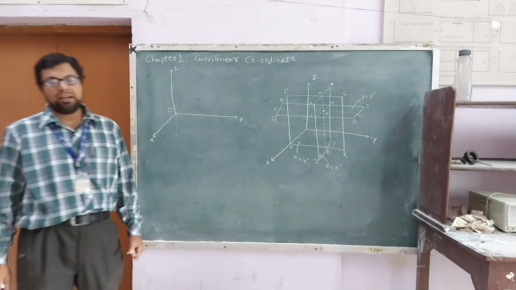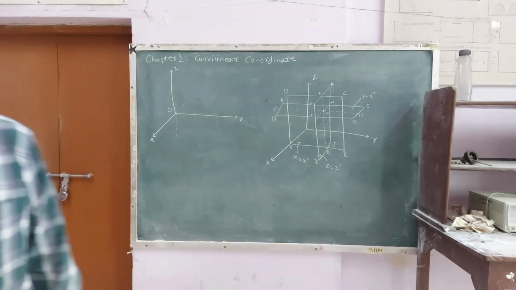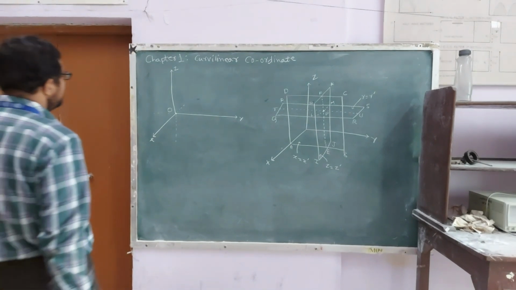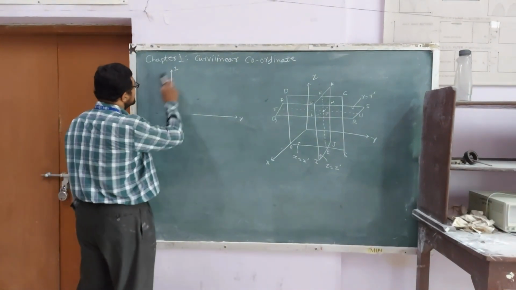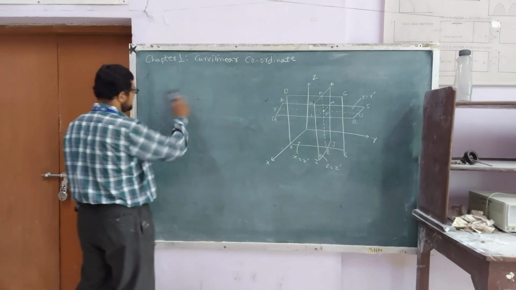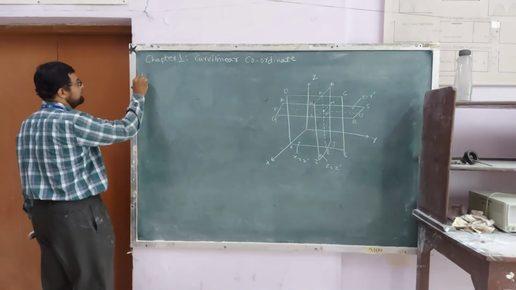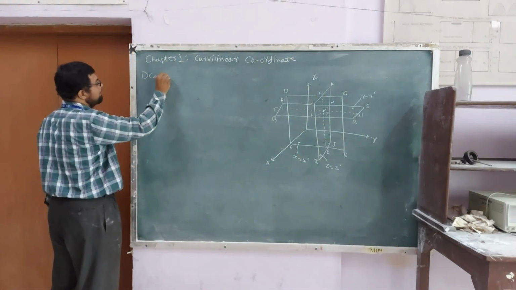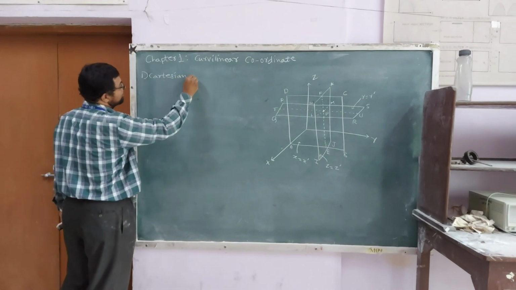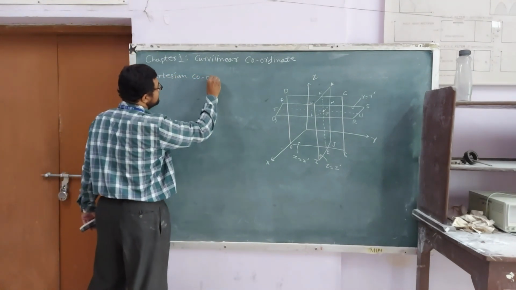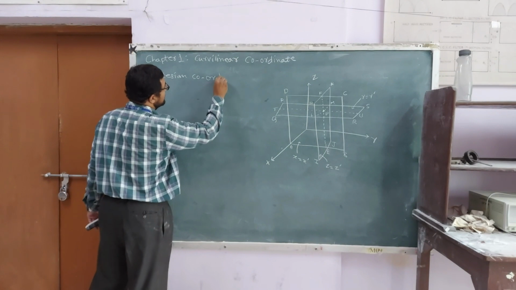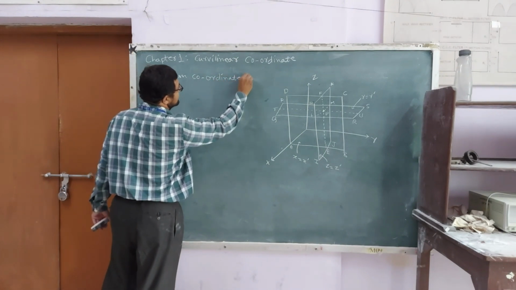Okay. Now there are various systems required to specify the position of a particle. So the simplest one is nothing but Cartesian coordinate system. This is the simplest coordinate system, that is called the Cartesian coordinate system.